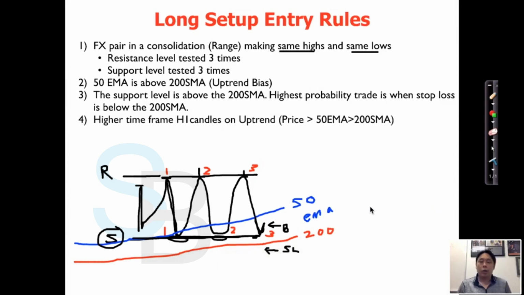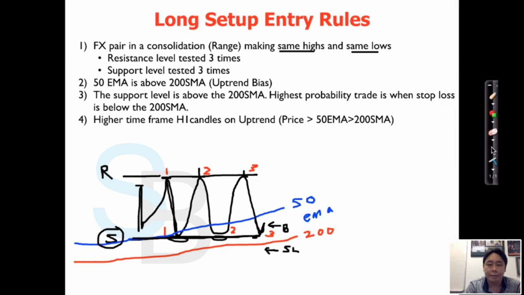Next. So again, we're looking at this from the 15-minute candle time frame. As in all my other strategies, I also take a look at the hourly time frame, the H1 candles, to ensure that on the hourly time frame, it is also on a clear uptrend. Now again, on the hourly time frame, it doesn't have to be in a consolidation, but it's got to be on a clear uptrend.